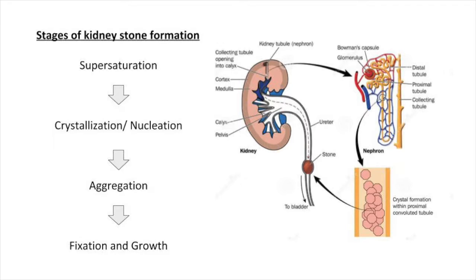The surface of the renal tubules and papillae attracts small crystals to adhere and aggregate into organized masses. This process occurs more rapidly when the urine pH is unusually high or low. An alkaline urine, pH greater than 7, increases the risk of calcium phosphate formation.